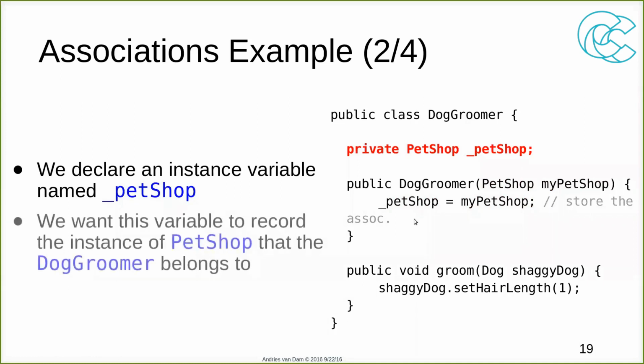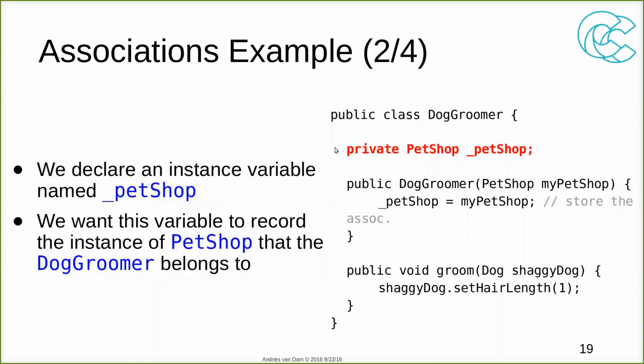Okay. So the first step, like I said, is to make this declaration, and in the second step, you want to create this association, right? And in order to create this association, you do it through the constructor. So you pass in the instance as an argument, and then you make this assignment. Okay?